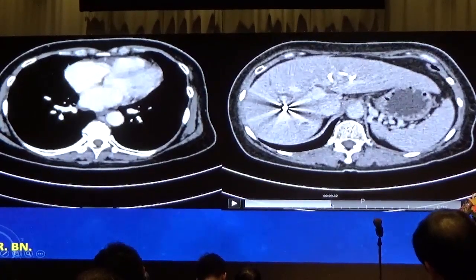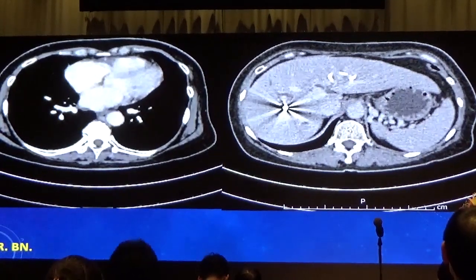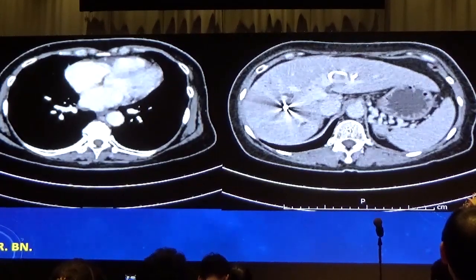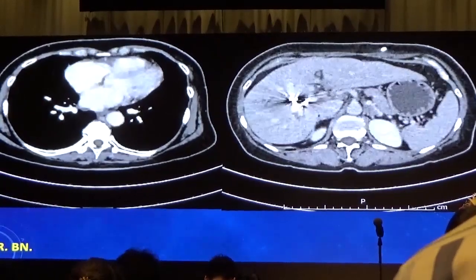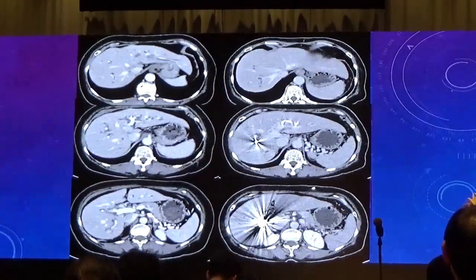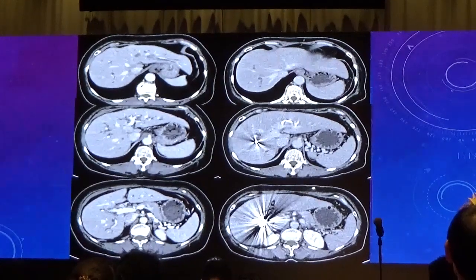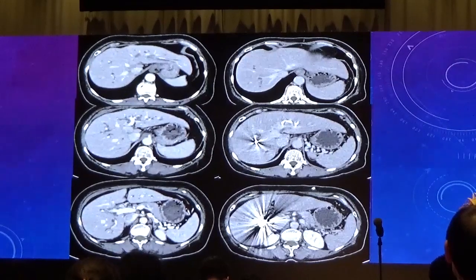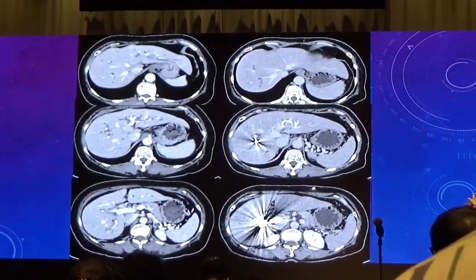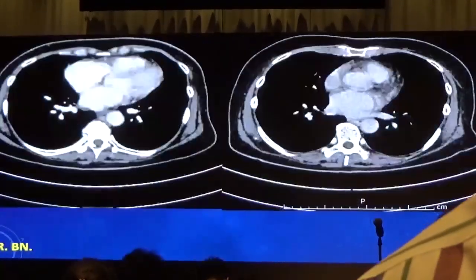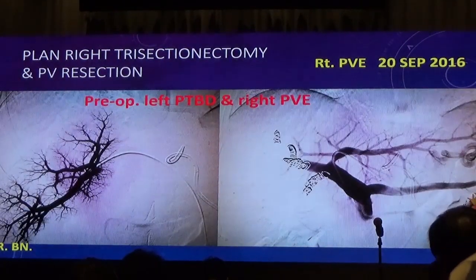I'm concerned about the possible injury of the segment 3 branch. Maybe embolization of segment 4, injury. Oh, I see. Maybe you punctured the segment 3 branch to introduce a catheter to the right. So I'm concerned about the possible injury of the segment 3 branch.